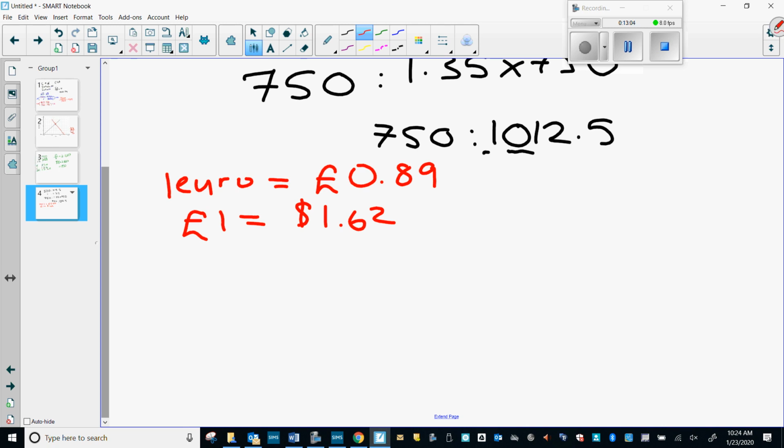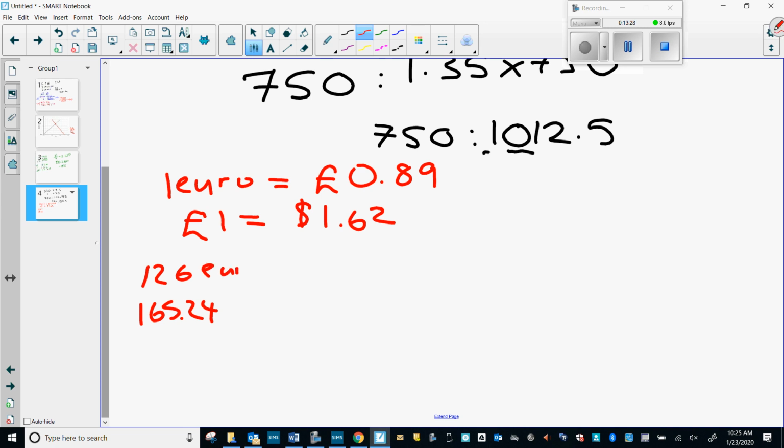Then it says that in France a camera costs 126 euros. In America it costs 165.24 dollars. So now you're trying to find how much cheaper the camera in America is than in France.